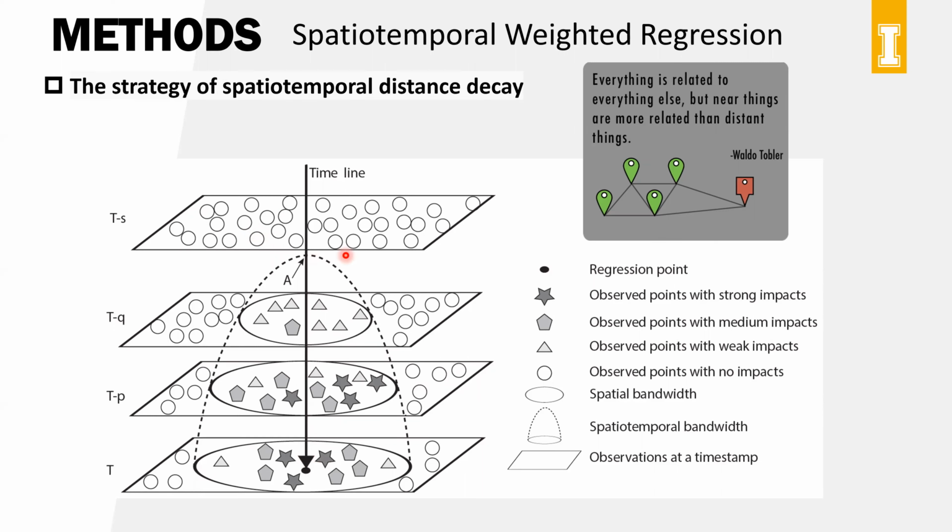That's the strategy for solving the local regression. We call it spatial-temporal weighted regression because we are considering both spatial range and temporal range.